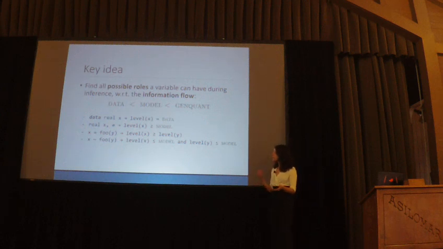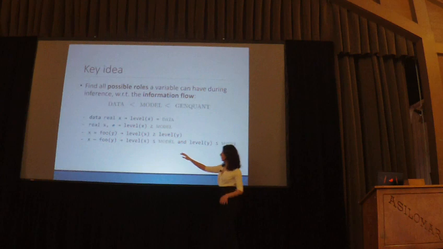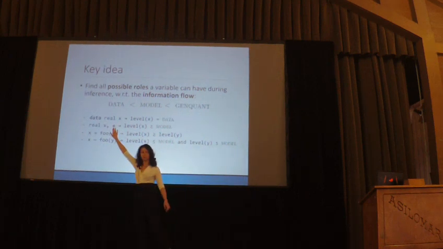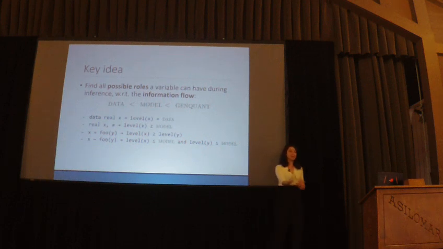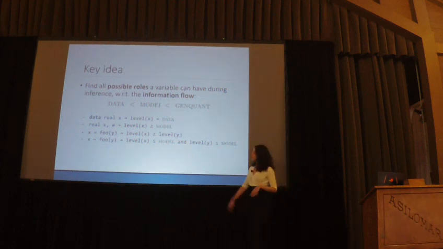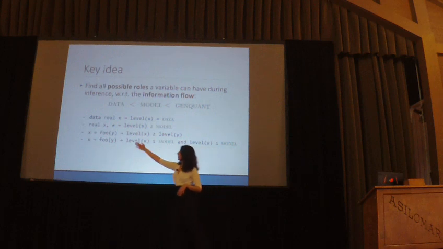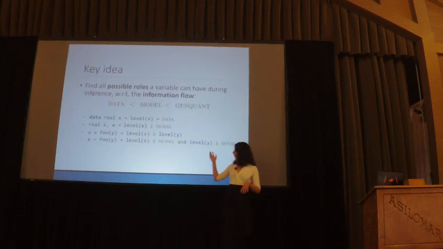If it's not declared with the level data and it's never defined, so that's what this not equals here means, then we want it to be of at least level model. So all the data must be declared with the keyword data. And then if X depends on Y, then we want the level of X to be greater than or equal to that of Y, and so on.